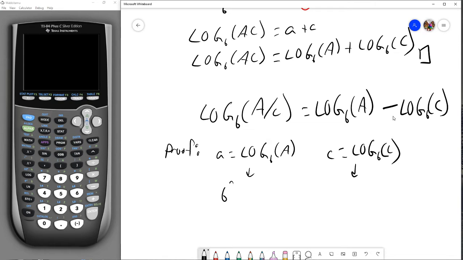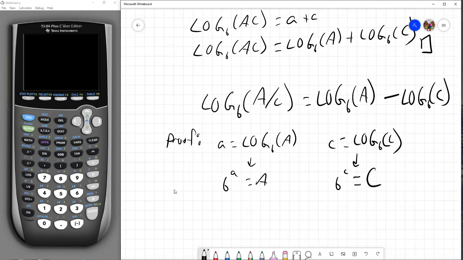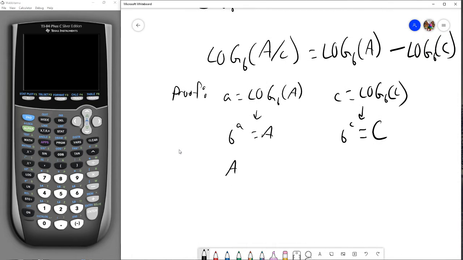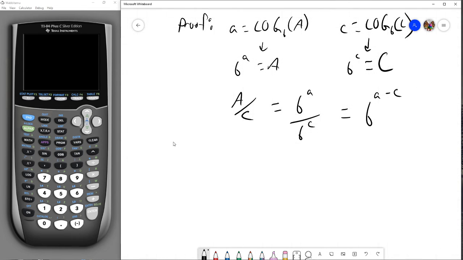We get b to the a is equal to a, and b to the c is equal to big C. Then we can divide these: a over c is equal to b to the a over b to the c. Then we can use our exponent laws on the right side, so that's the same thing as b to the a minus c power. So we have a over c is equal to b to the a minus c.